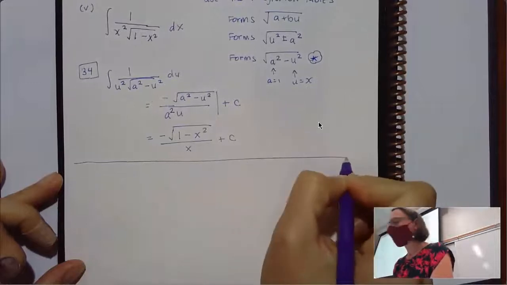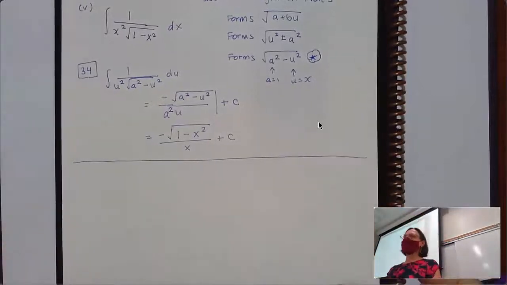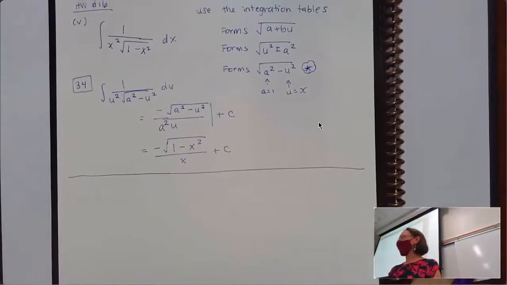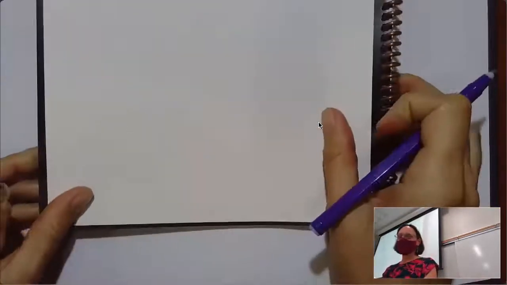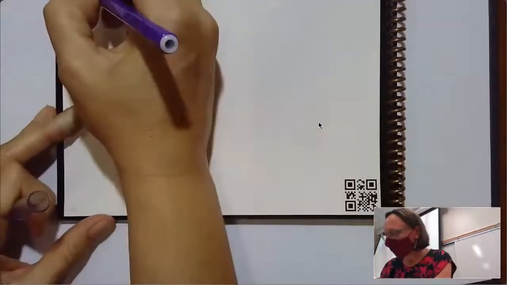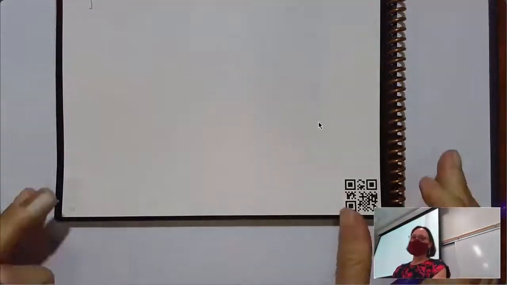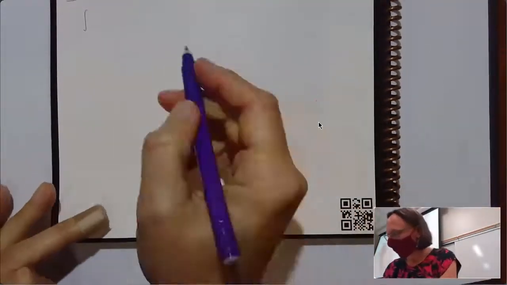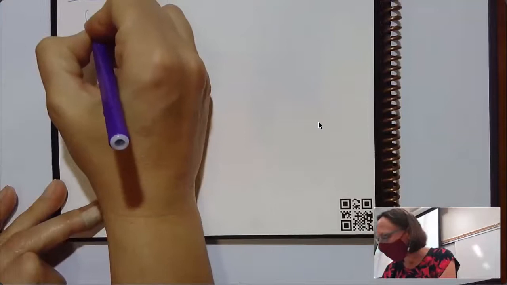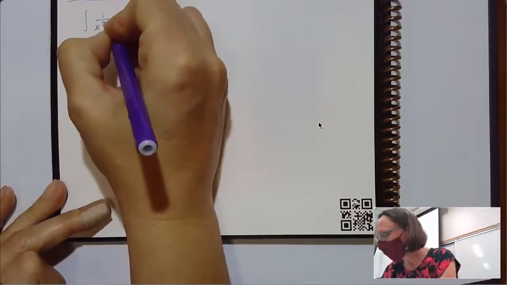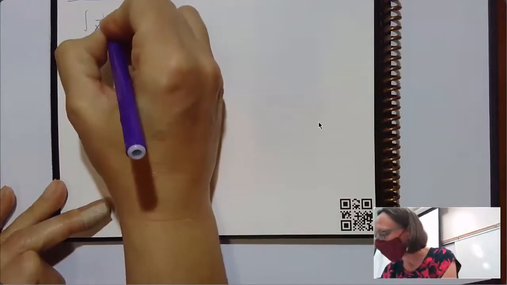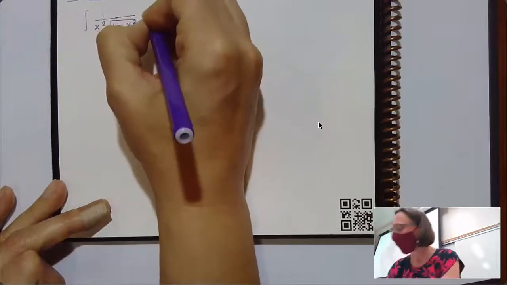My recommendation is to maybe not take notes until we figure out if it's going somewhere. This could be me just trying stuff. So we've got 1 over x squared and a square root of 1 minus x squared in here.